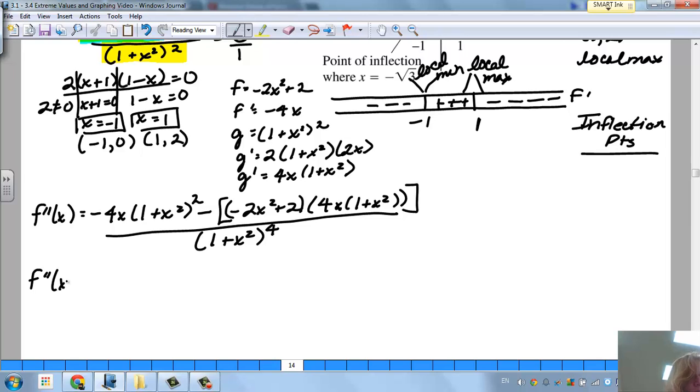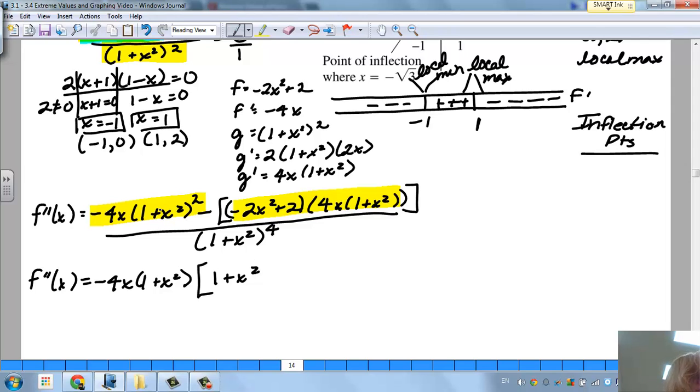So what I did was factor out of this, because there's a term right here, and I have a term right here. So I'm looking at everything I can factor out. If I take out a negative 4x times 1 plus x squared, I know I have a squared there, so out of that term I have a 1 plus x squared left.